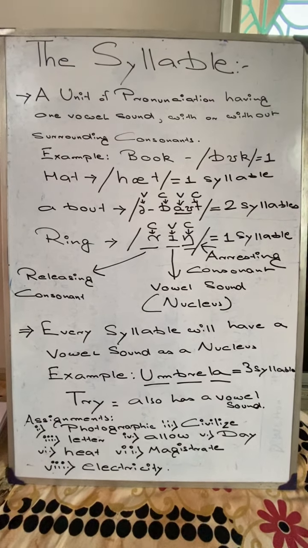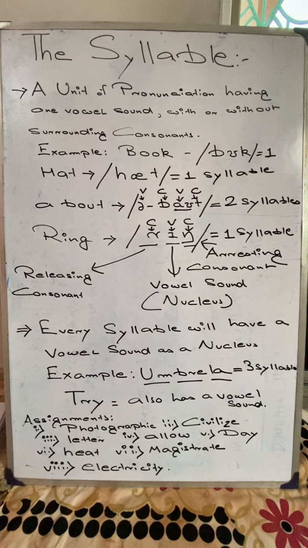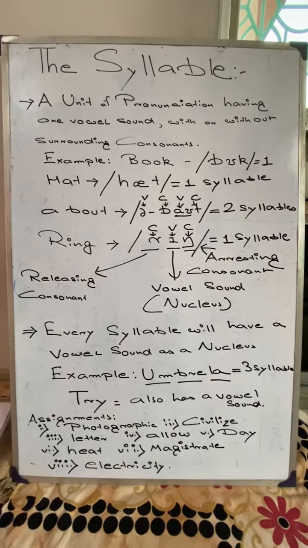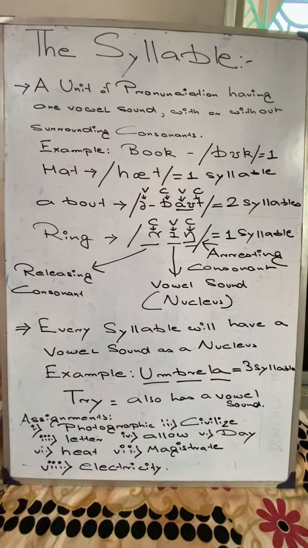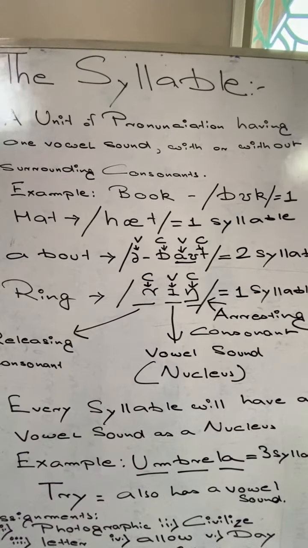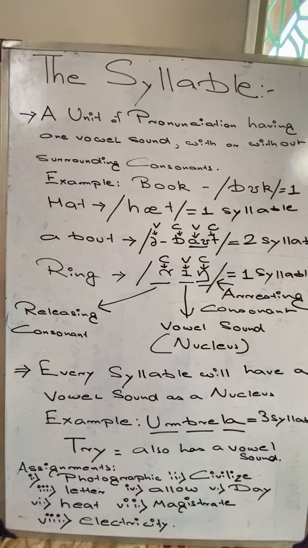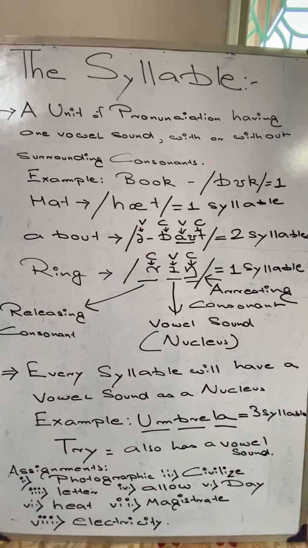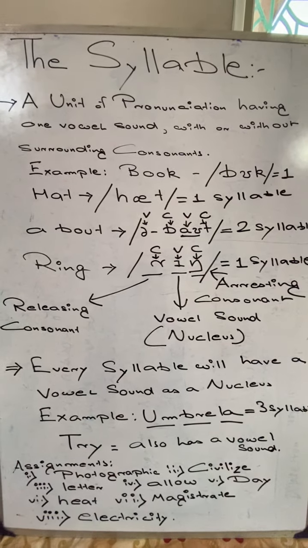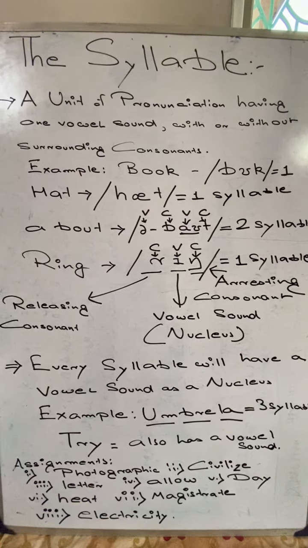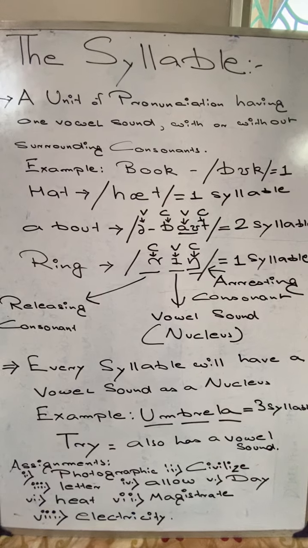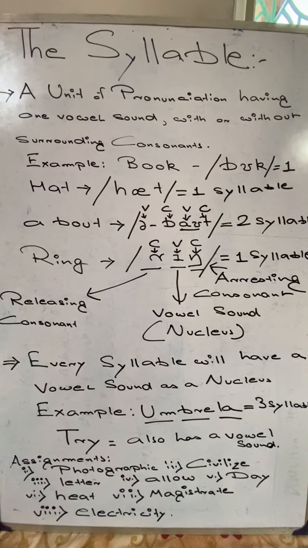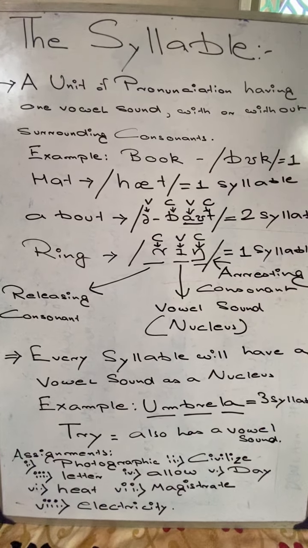Now, you must be confused about what a syllable is. Starting with the definition of syllable, as I have written on the board, let us move a bit closer. Syllable is a unit of pronunciation having one vowel sound with or without surrounding consonants.